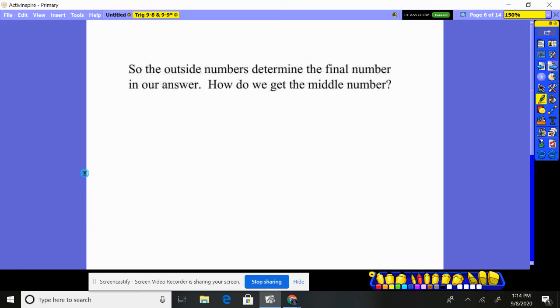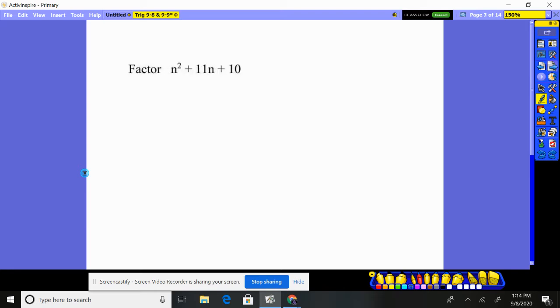Okay, how do we get the middle number? Well, when we looked at it, the middle number was determined by the sum of them. So let's take a look at this guy. Let's factor it. We've done this before in Algebra 1 and in Algebra 2. What we want to do is break it down into its product of two binomials. Well, to do it, we're going to start with our outside number.